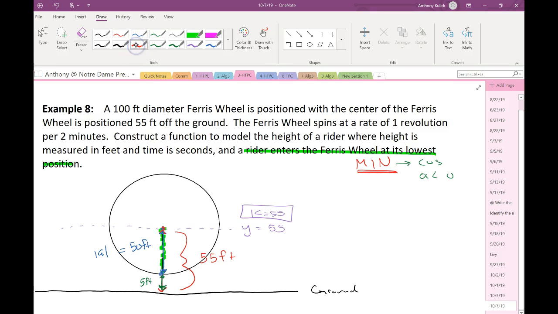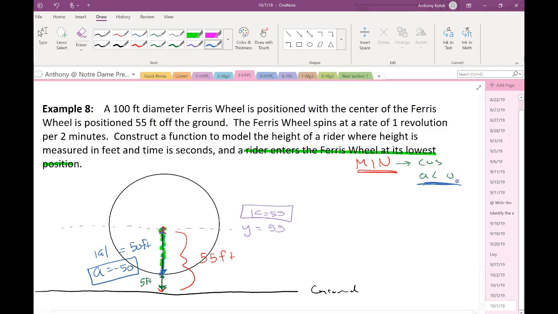So what we need to do now is we can say that the A then is going to be negative 50, because we know that we said the A was going to be negative.